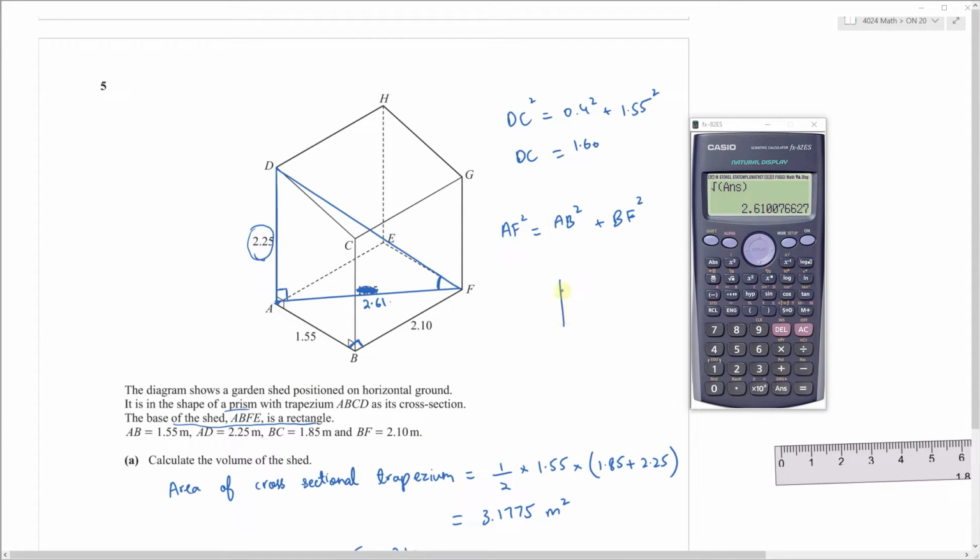So now if I draw this triangle DAF in 2D, DAF, this is 90-degree, AF is 2.61, AD is 2.25, and this is my angle of elevation. So I can use tan of theta. So tan of theta will be perpendicular over base, which is DA over AF.